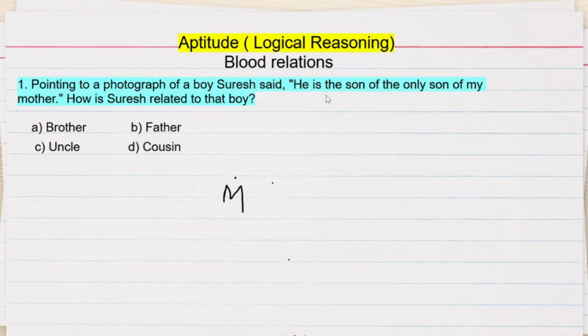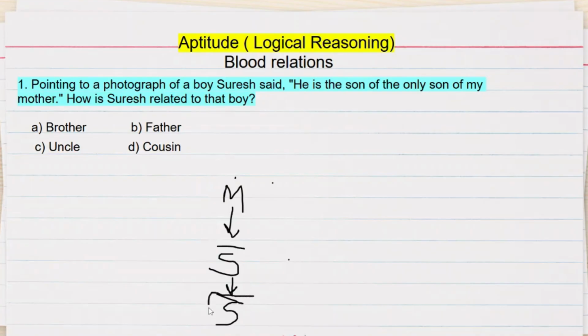So mother, son of my mother, child, so we'll use a down arrow. Son, let's say we use S here, and son, so I'll use a dash. Son of the only son means, S here again, son. Let's use S. He is the son.